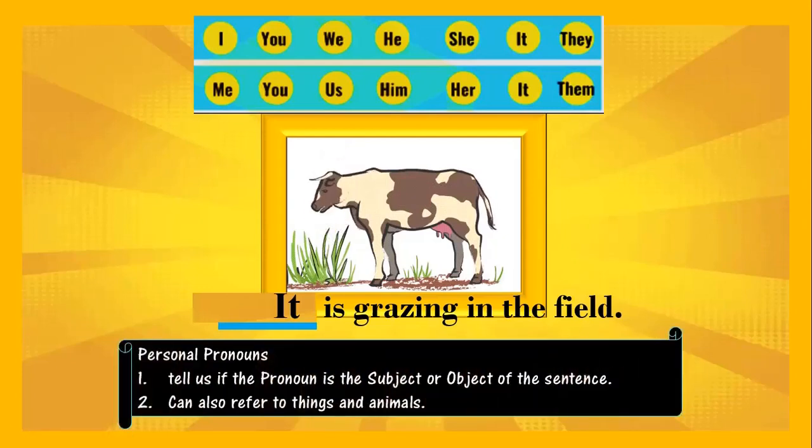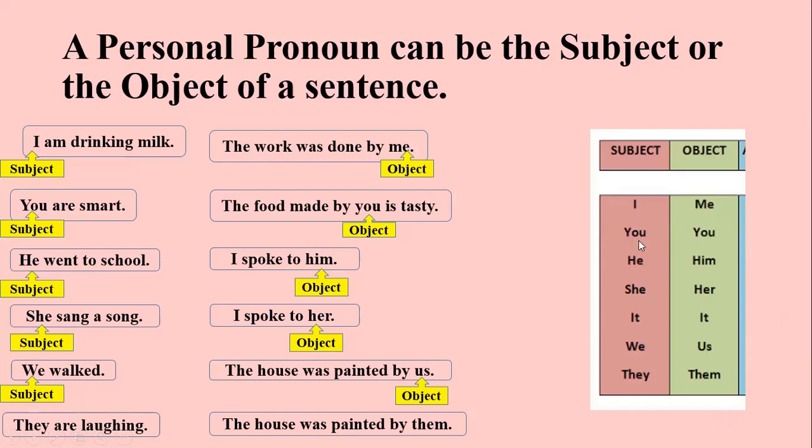So personal pronouns tell us if the pronoun is the subject or object of the sentence. It can also refer to things and animals. Okay? Listed in this box are subject personal pronouns and object personal pronouns. The subject personal pronouns are used as substitutes for proper and common nouns.